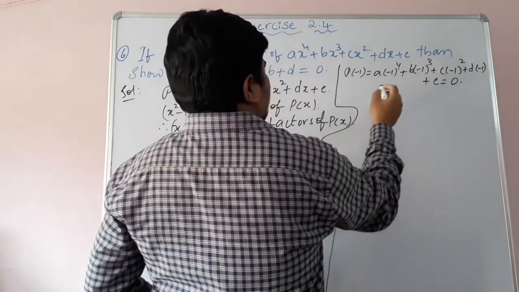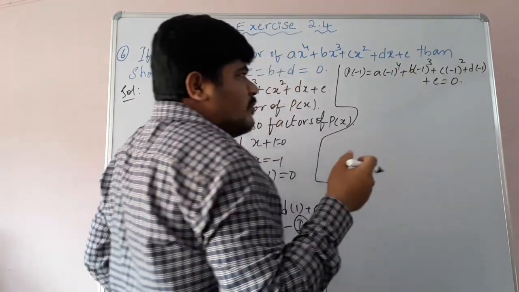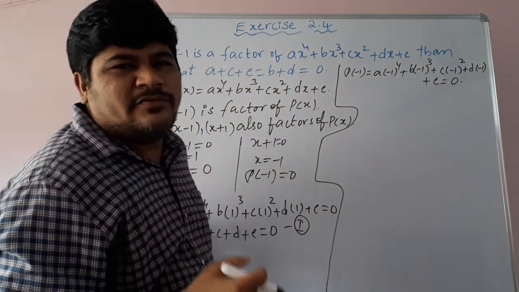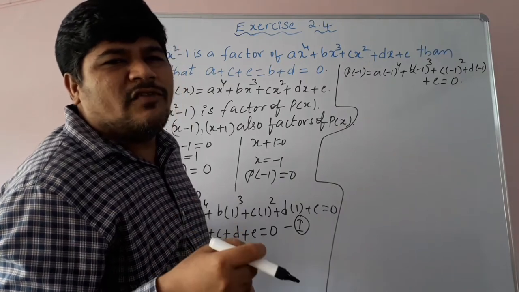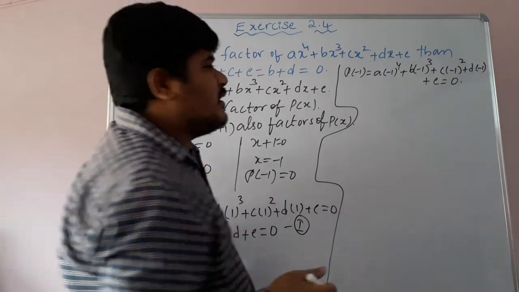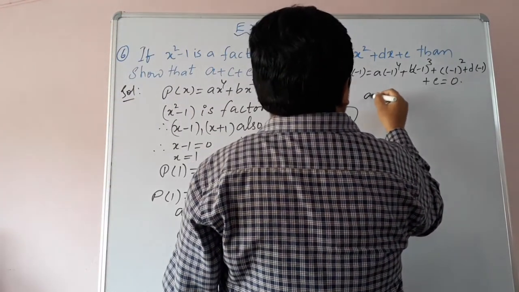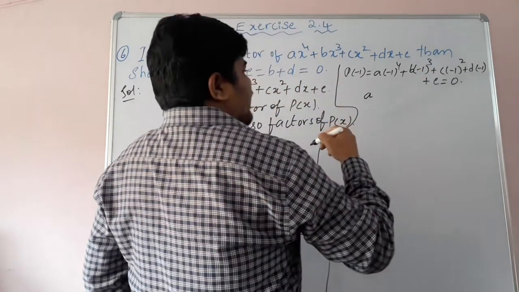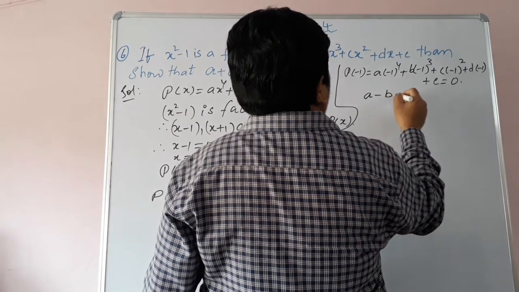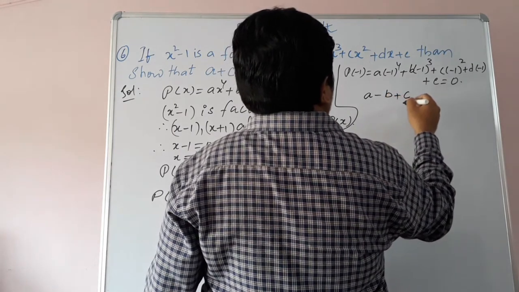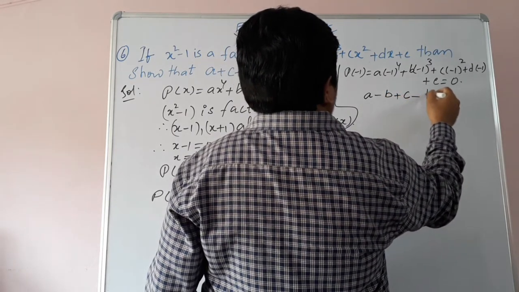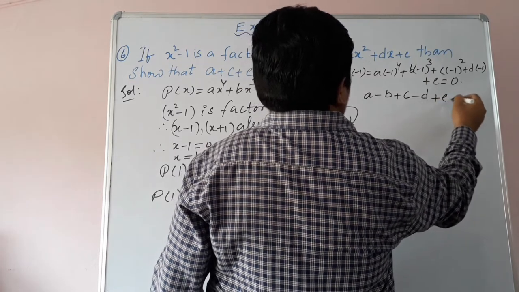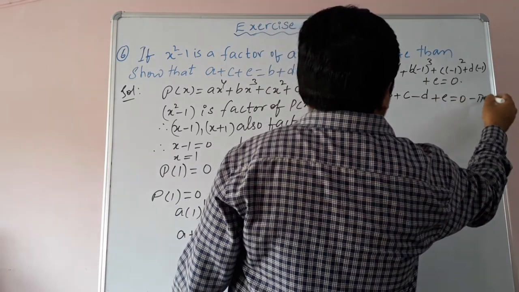Now, children, in this expression, negative 1 to the power of an even number is positive 1, and negative 1 to the power of an odd number is negative 1. So it can be written as a into positive 1, that is plus a only, b into minus 1, minus b, c into positive 1, plus c, plus d into negative 1, minus d, plus e is equal to 0. Take this expression as 2.